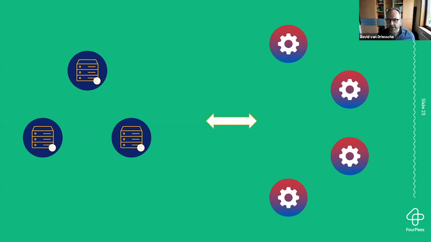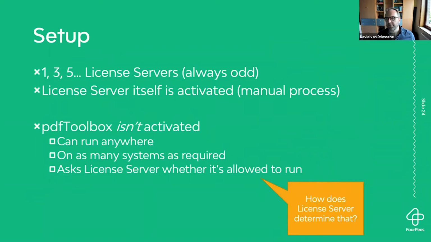On the right-hand side, I have some machines running pdfToolbox. License server is a separate application. So if you go on the callas website, you'll see pdfToolbox and pdfAPilot and pdfChip, and you'll also see an application called license server. That you install somewhere.